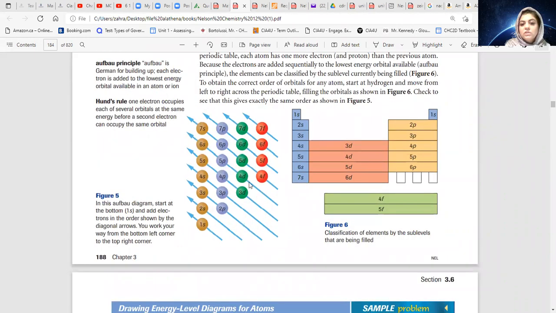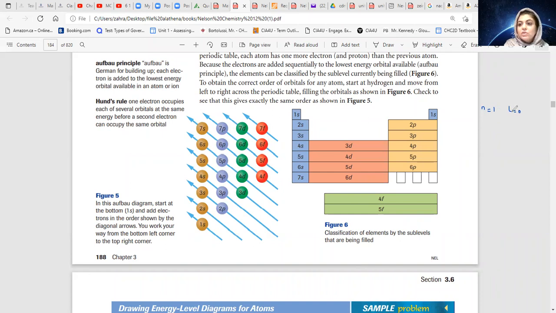Okay, first thing you need to know, how do we do that? You remember I said first energy level, when N is equal to 1, L is from 0 to N minus 1. N minus 1 is 0, so it's just 0.